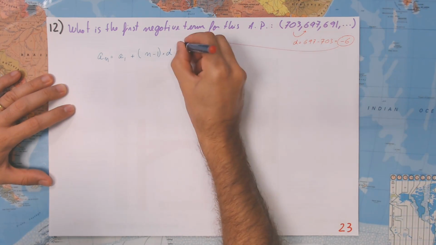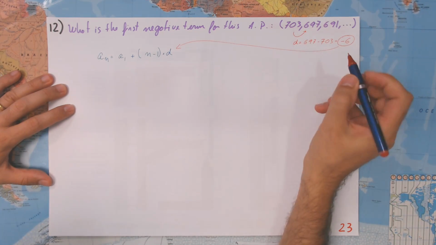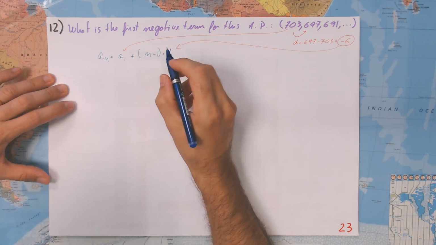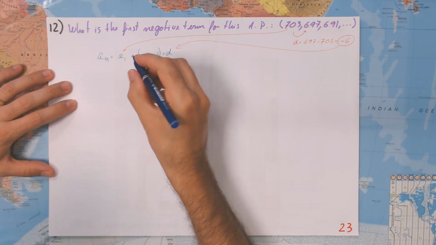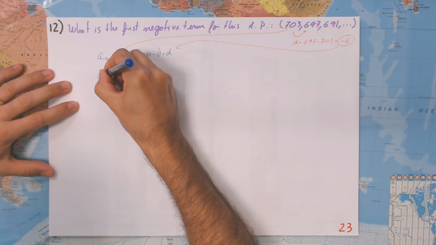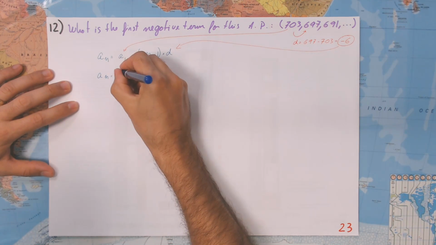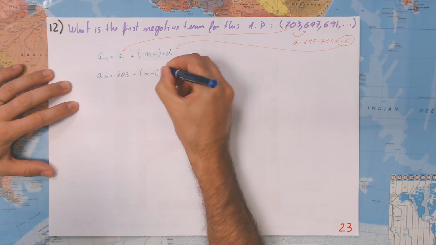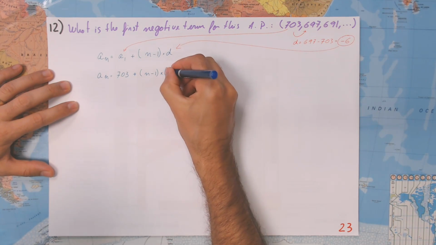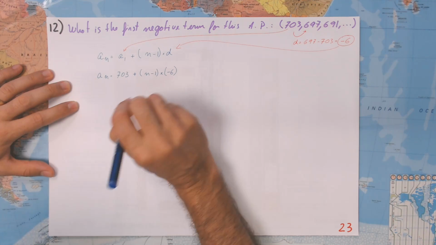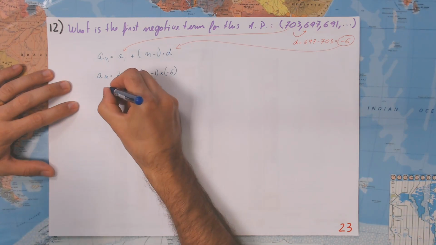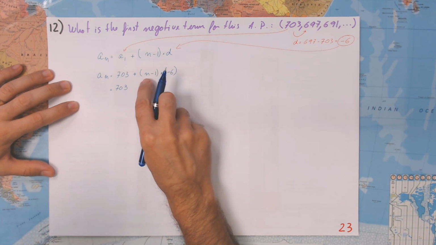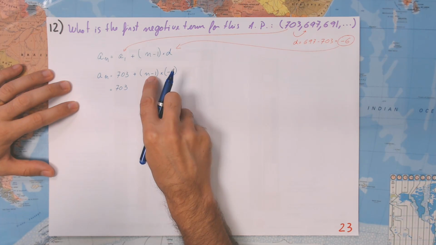Well, we know D. We also know A1. So most of the things are known here. Let's continue. AN is going to be 703 plus n minus 1 times D, but D is minus 6. Let's make it a little better. 703, I'm going to put first the plus 6 in here, right?